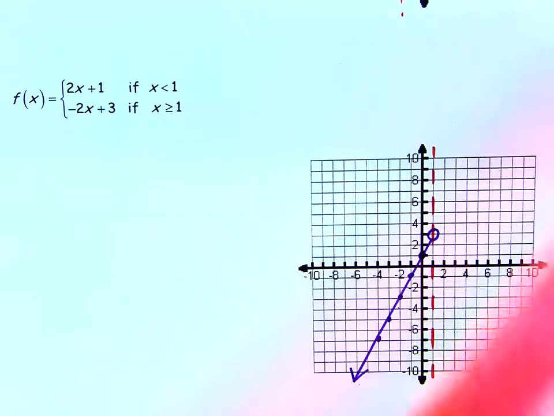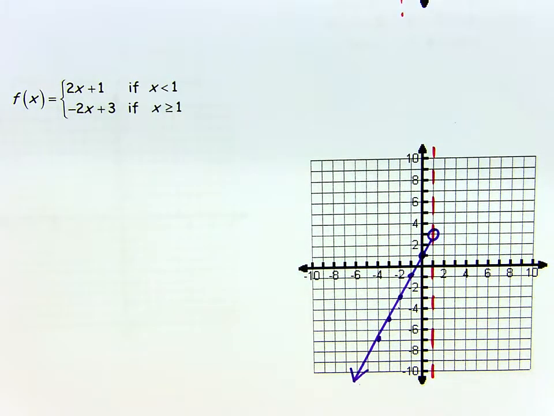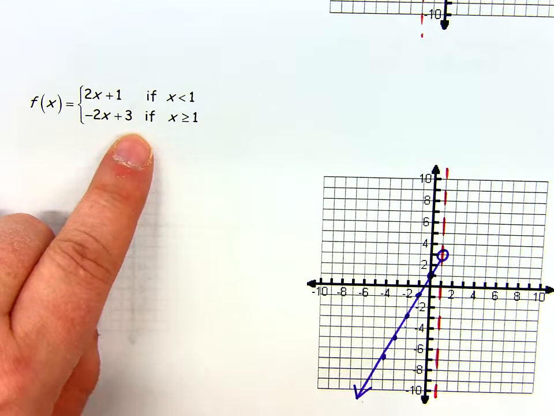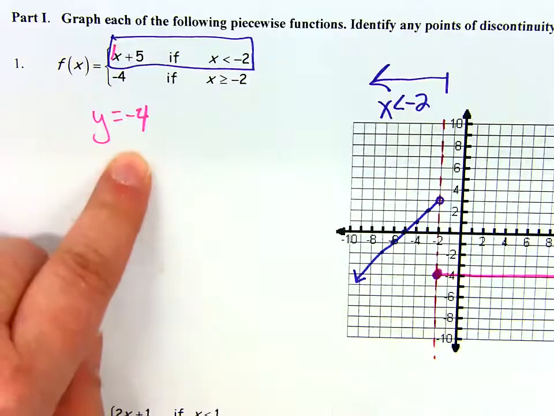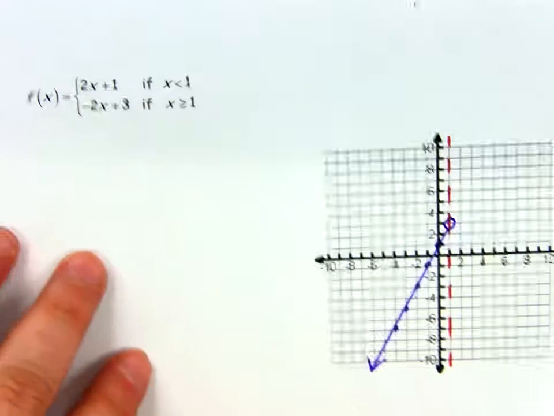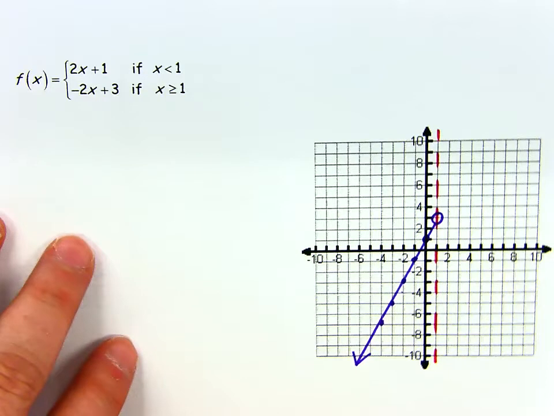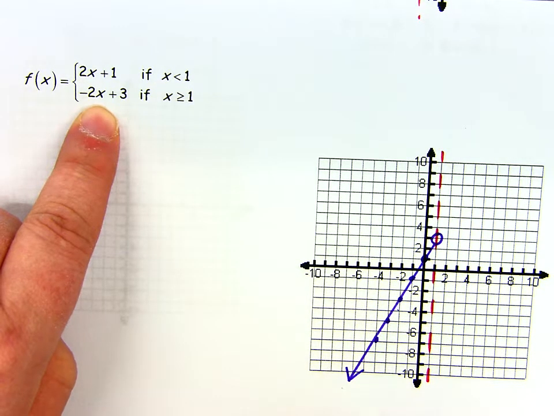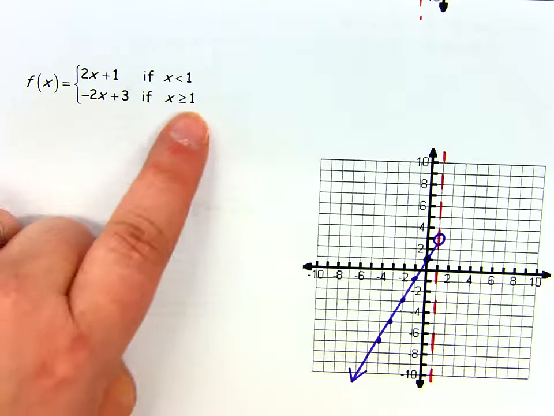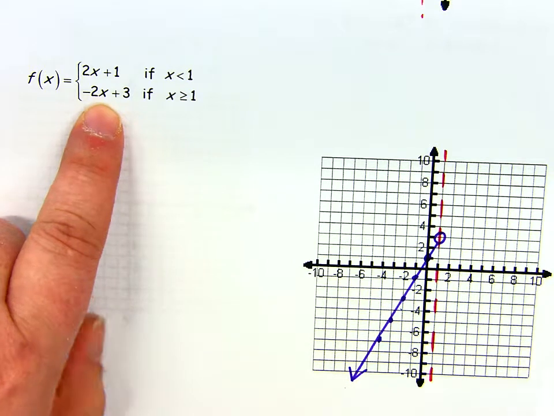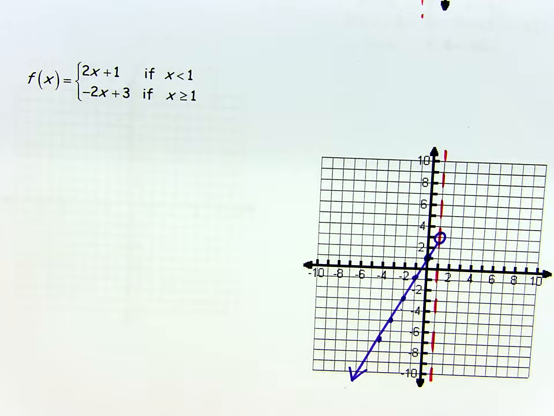And then I just do the same thing for the bottom one. This one's a little bit different because in the last example, I just had -4, so I just graphed -4. But here I'm going to take my dividing point of 1, plug it in, give myself a starting point, and then just follow the slope. So if I plug in 1, negative 2 plus 3 gives me 1. So my starting point is at 1, 1.